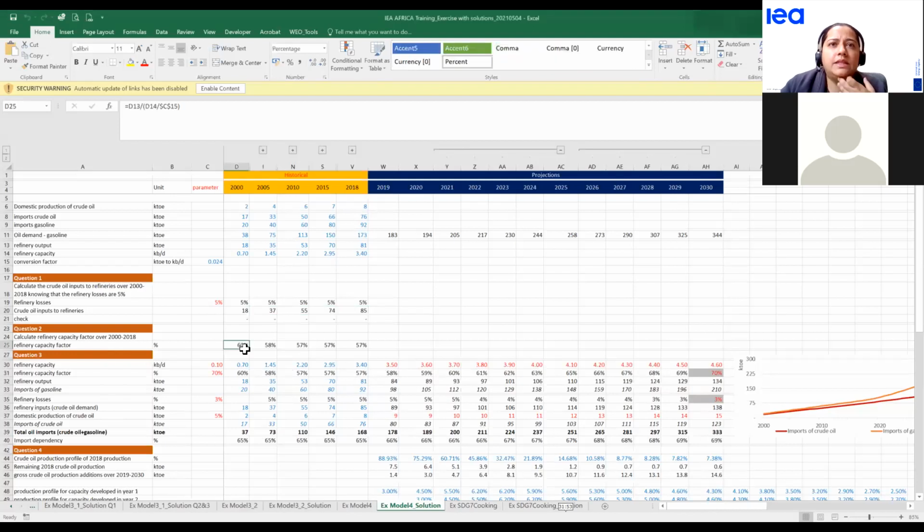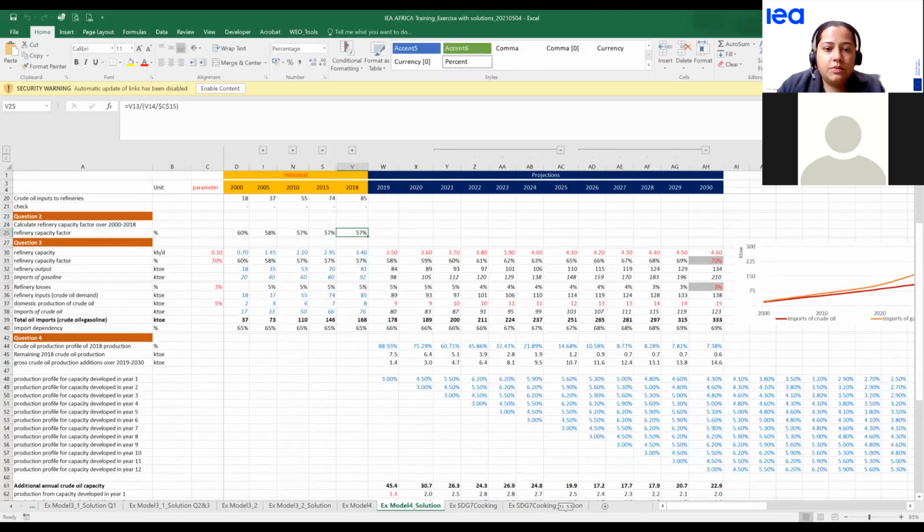For 2000, you take the amount of refinery output and divide it by your refinery capacity, but you have to convert it to the same unit. So you also need to divide your refinery capacity by the conversion factor from KTOE to KBD. That would give you 60%. And you apply the same formula for all the years, and you get your refinery capacity factor.